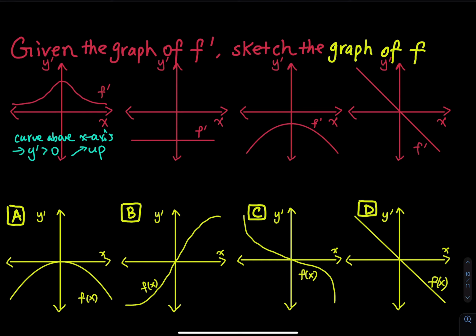And then according to the dashed line I gave you, we have a dashed line right here. Above the dashed line, we have bigger y prime, right? So that means the slope is very steep. And below the dashed line we have small y prime, so that is less steep.